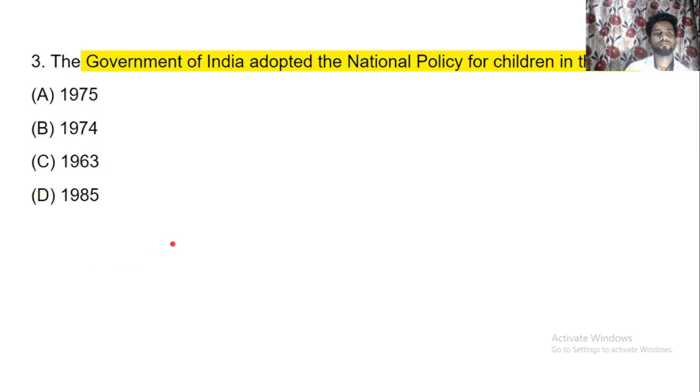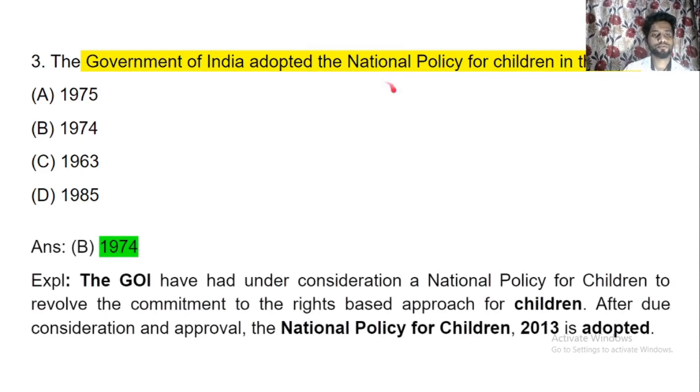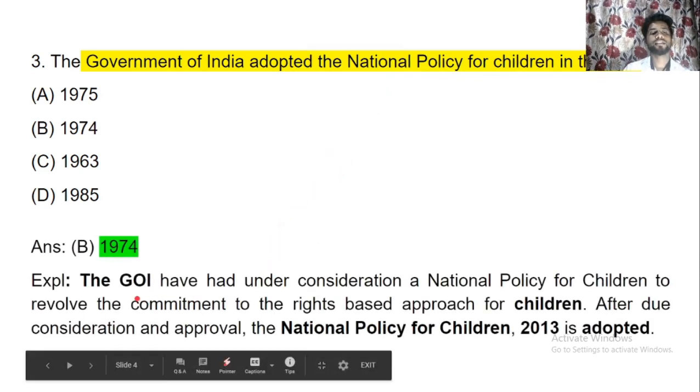Now, the government of India adopted the national policy for children in the year? We know that this policy was adopted in 1974, but recently the government of India considered a national policy for children to renew the commitment to the rights-based approach for children. After that consideration and commitment, they came to an approval, that is the National Policy for Children 2013, and it has been adopted.